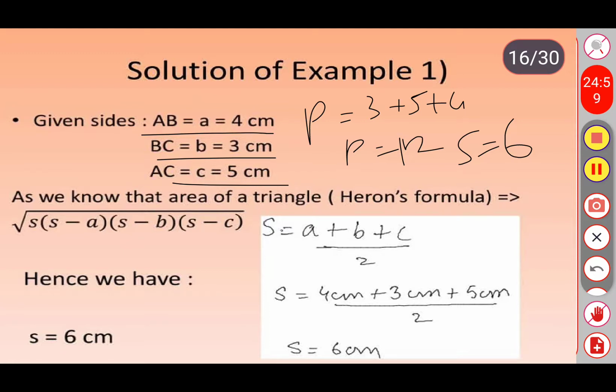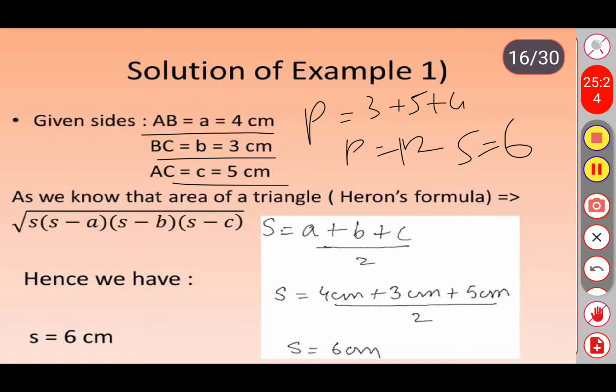And one more thing, when you represent the perimeter, it should be in terms of centimeters or meters or millimeters or kilometers, but area should be in terms of square units. For example, if the length is in centimeters, then the area will be centimeter square.